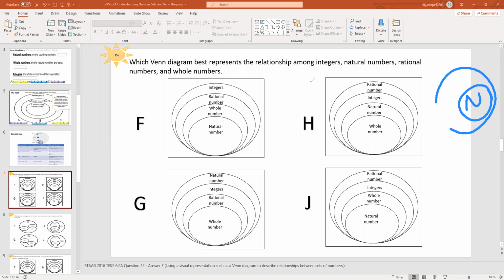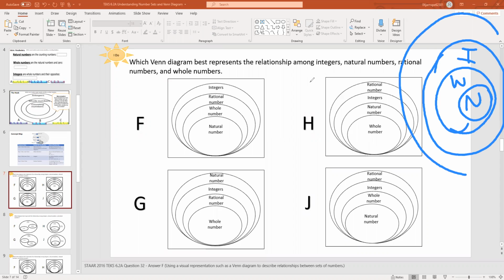Then I'm going to draw another inner circle that's going to represent my whole numbers. Another circle, integers, and my last circle will be rational. Now, based off of what I just learned, this is how I should set it up. It should be natural numbers, whole numbers, integers, and rational numbers.